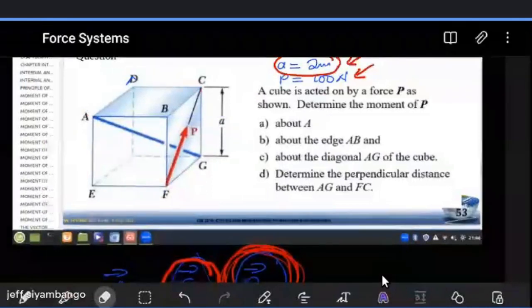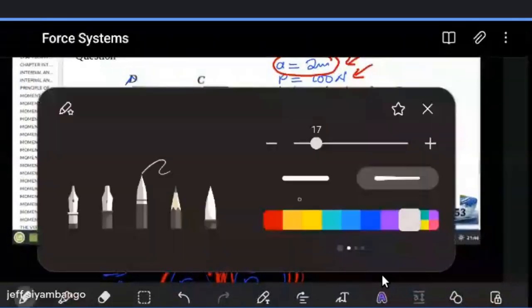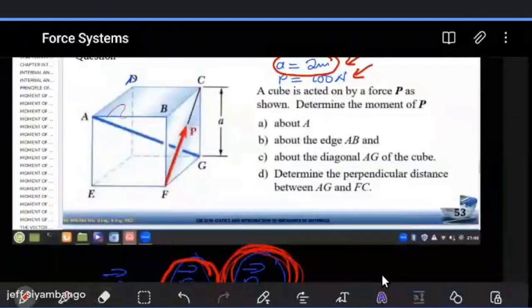So where is AB? The edge AB is this one. This is the edge AB. Remember how we get the moment about an axis, because the edge AB is literally an axis.